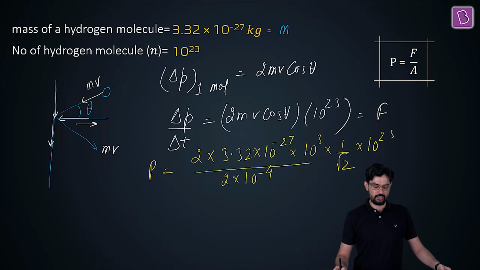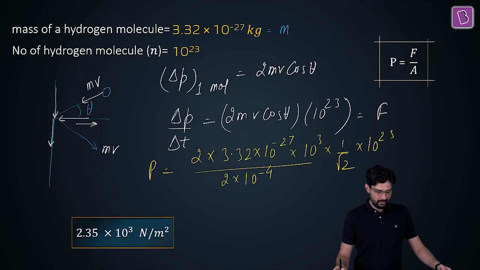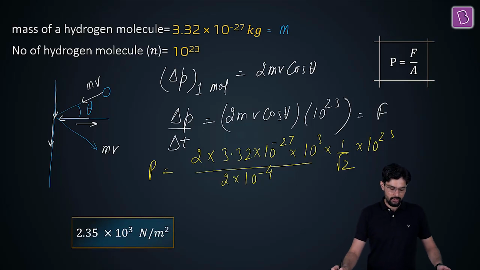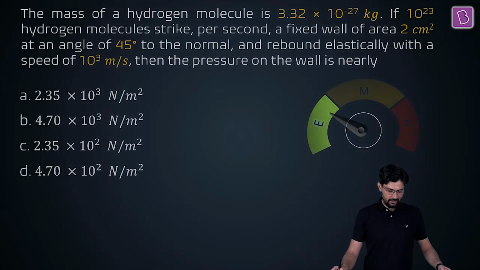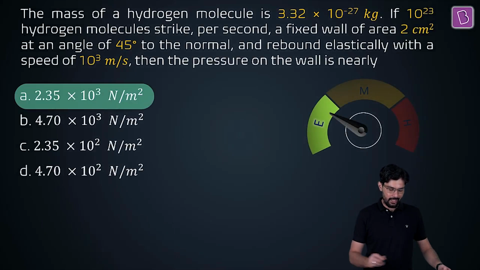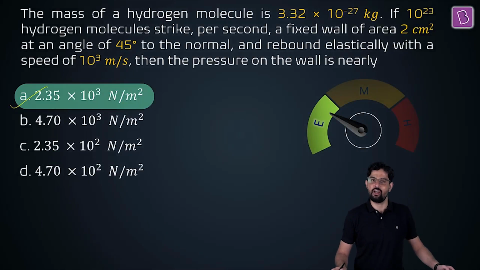And once you simplify this, you will get the pressure to be equal to 2.35 into 10 raised to the power 3 Newton per meter square. So in this case, you can see that option A is the right value of the pressure on the wall.